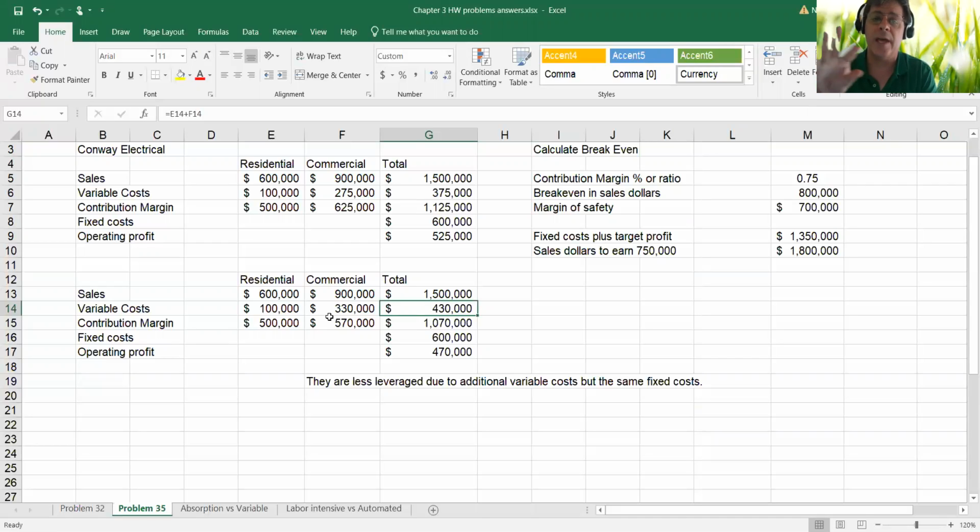Okay. And I'm going to do another example that wasn't assigned on the homework, but to illustrate that in more detail in a minute here. Any other questions, other than my mistake on the variable costs, about this problem?